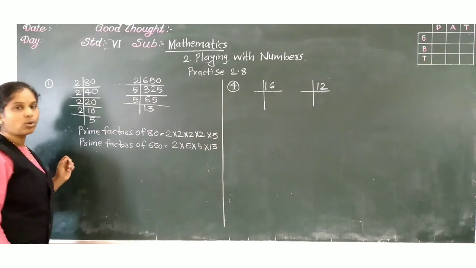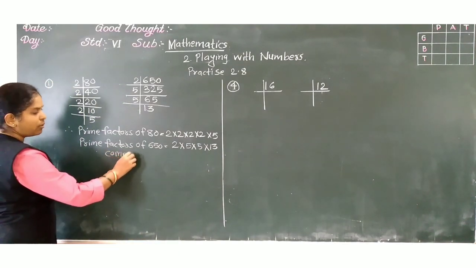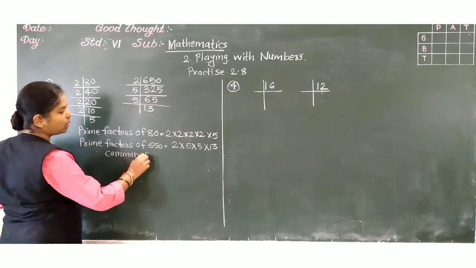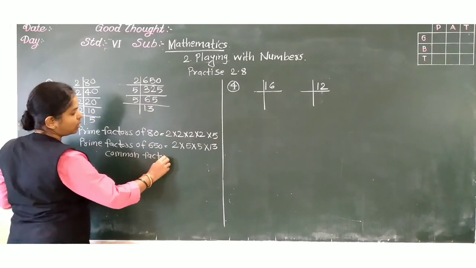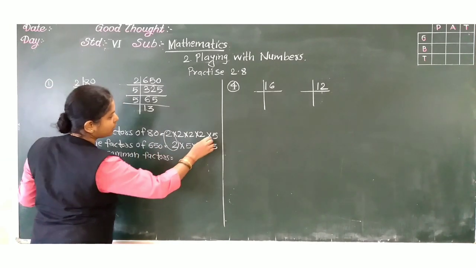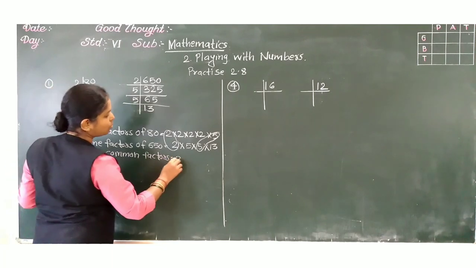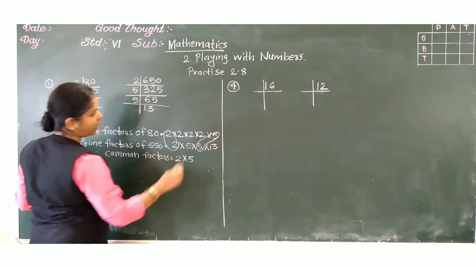Now we want to find the common factors. In HCF, students, we use only common factors. Now see, 2 and then this 5, that is 2 into 5.